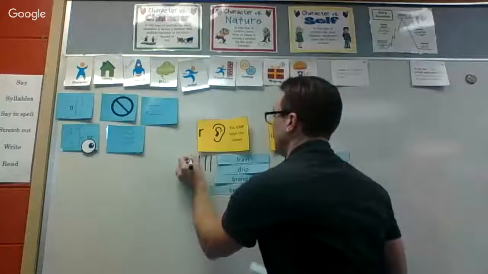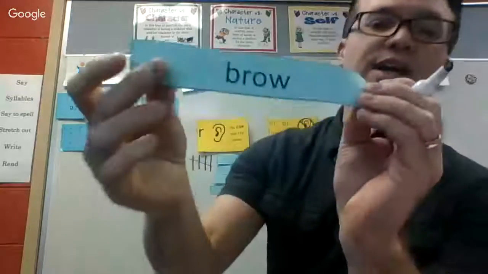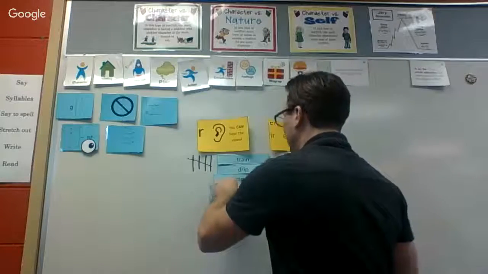Next word. Say brow. Brow. Like this is my eyebrow. Figure out which column it goes in. You should have put it here. Check it out. I clearly hear a vowel sound. Brow, ow. We know that's a vowel phonogram. Remember? Ow, oh. Next one.